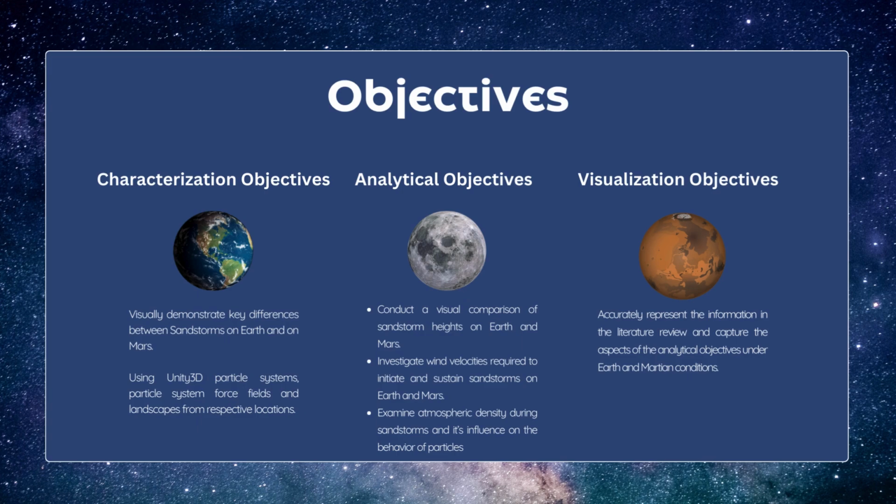The analytical objectives are to conduct a visual comparison of sandstorm heights on Earth and on Mars, while investigating wind velocities required to initiate and sustain sandstorms on Earth and on Mars, and examining atmospheric density during sandstorms and its influence on the behavior of particles. The visualization objectives were to accurately represent the information in the literature review and capture the aspects of analytical objectives under Earth and Martian conditions.